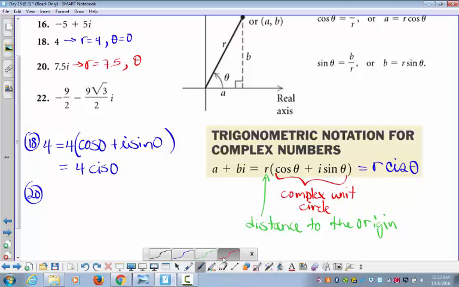So 7.5i. That's straight up, right, in the vertical axis? So 90 degrees, pi/2 radians. Yep. So the trigonometric form for 20 then, we would say that 7.5i is the same as 7.5 times cosine pi/2 plus I sine pi/2.